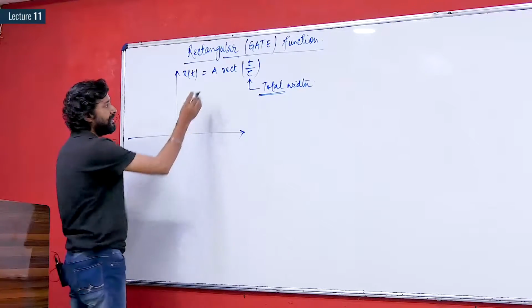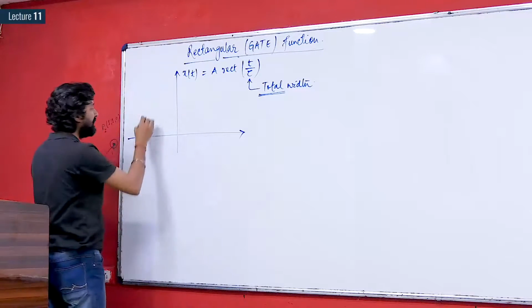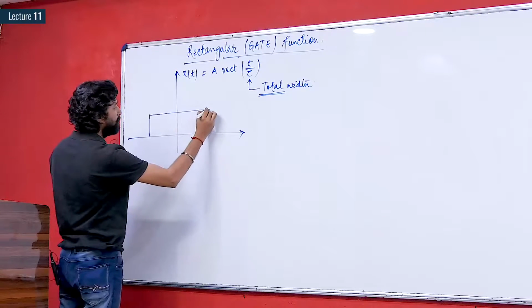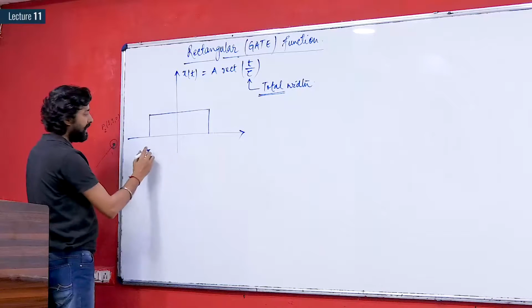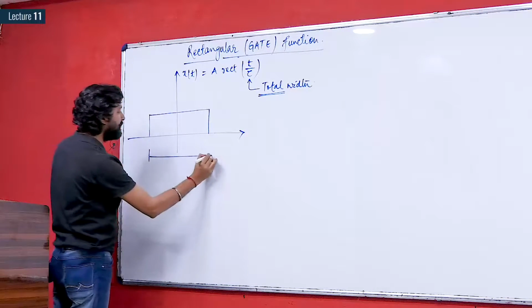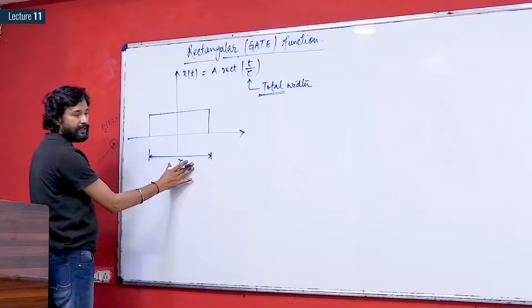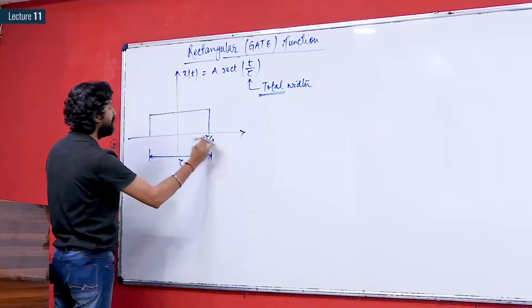Now a rectangle of t upon tau is a rectangle that is centered at origin, so it has the same width on both sides, and this total width is tau. It means the width on either side is tau by 2.